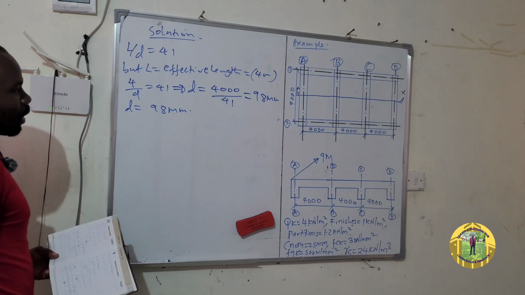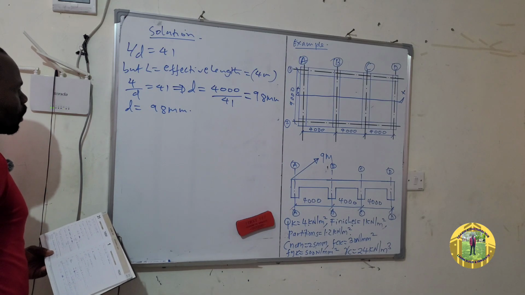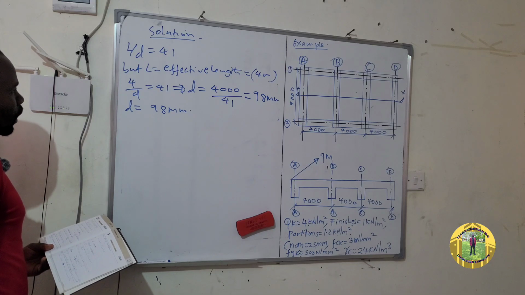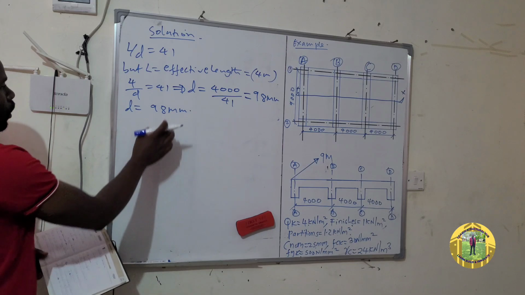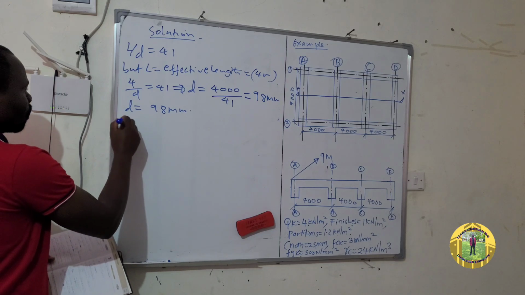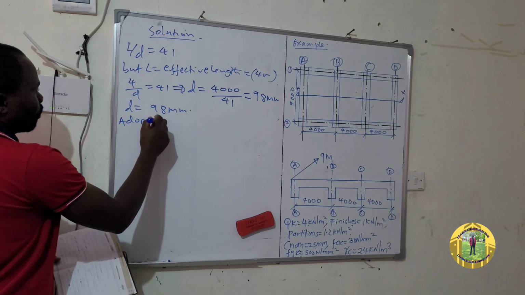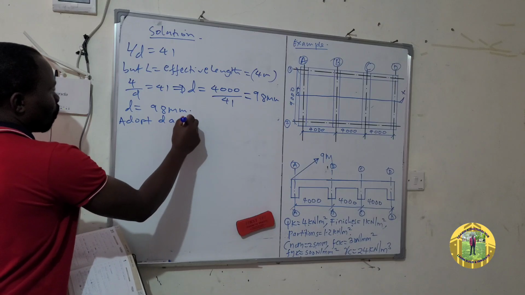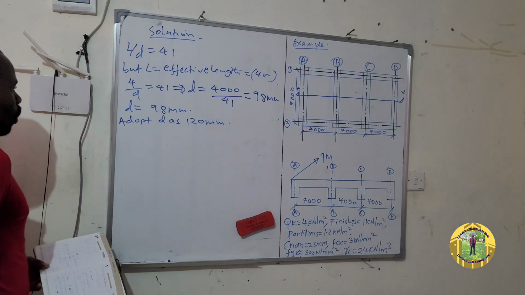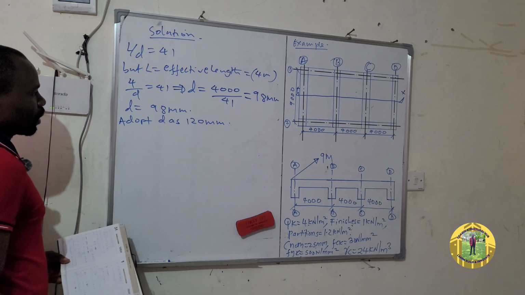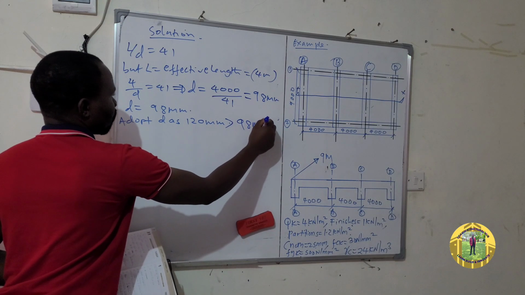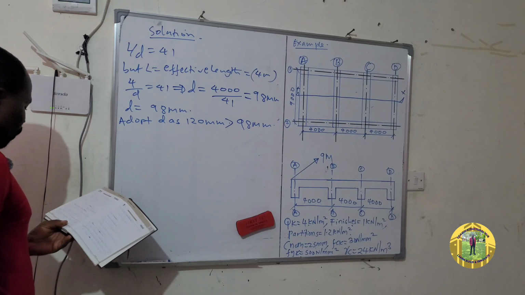As a designer, you must choose a D which is reasonable. This one is slightly lower, so you'll say adopt D as 120 millimeters. So our new D is 120 millimeters, which is greater than 98 millimeters.